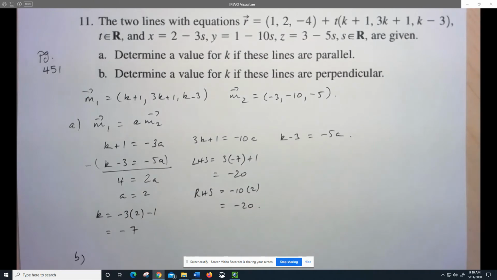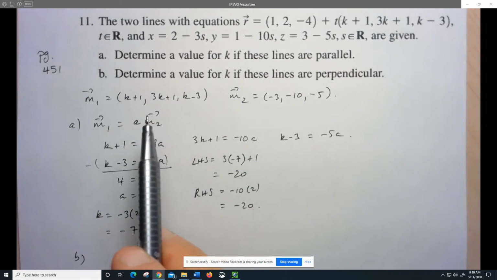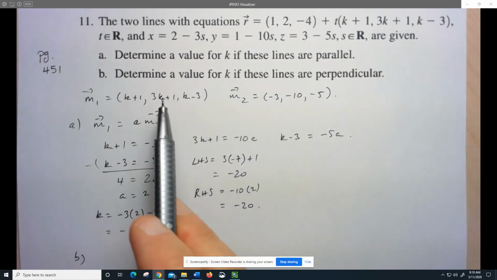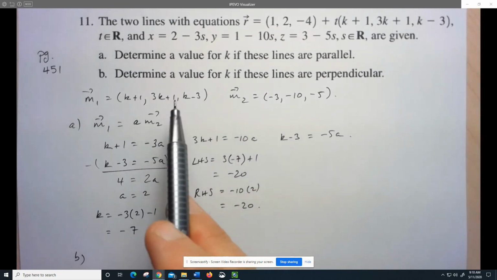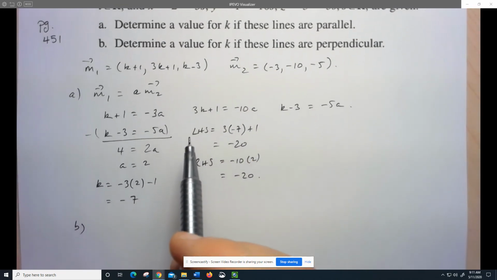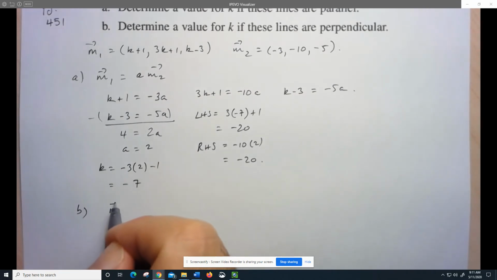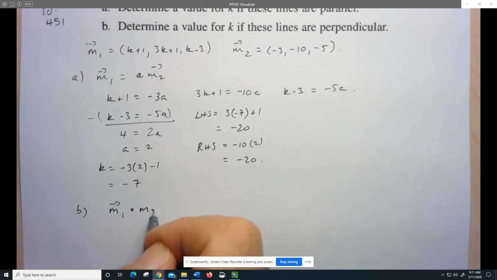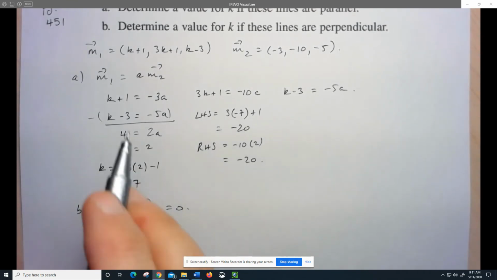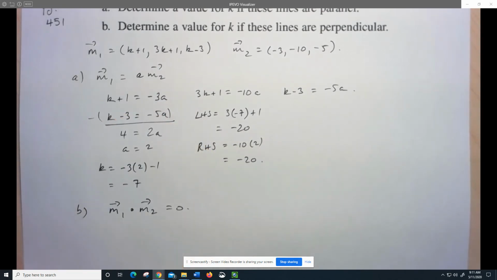Now in order for two lines to be perpendicular, the direction vectors are also going to be perpendicular. And of course, we know that two vectors that are perpendicular are going to have a dot product of 0. So what I'm going to solve here is M1 dot M2 is equal to 0, and hopefully that'll allow us to find the k value that makes this possible.